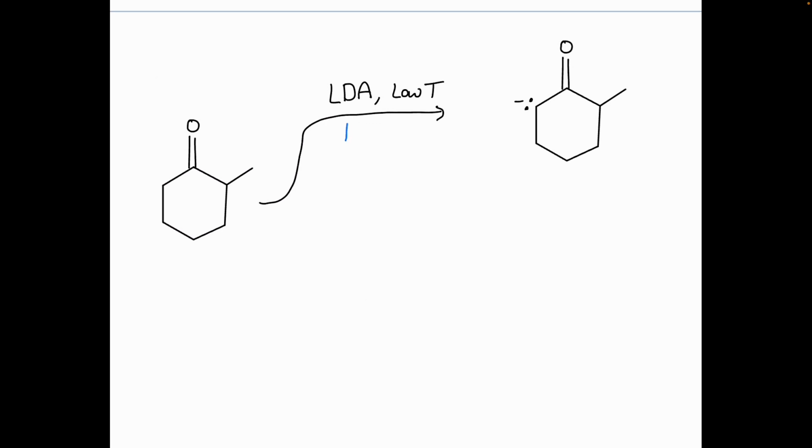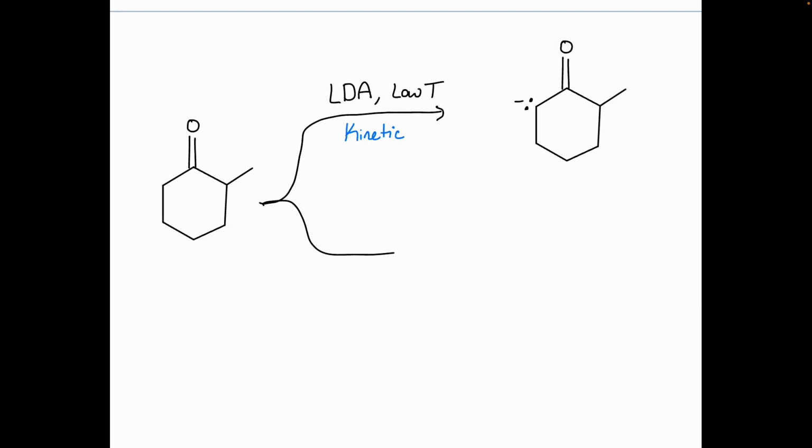This is what we would call the kinetic product, because we're at low temperatures. LDA is a very strong base, but it's big and bulky, so it's going to favor the more accessible carbon.